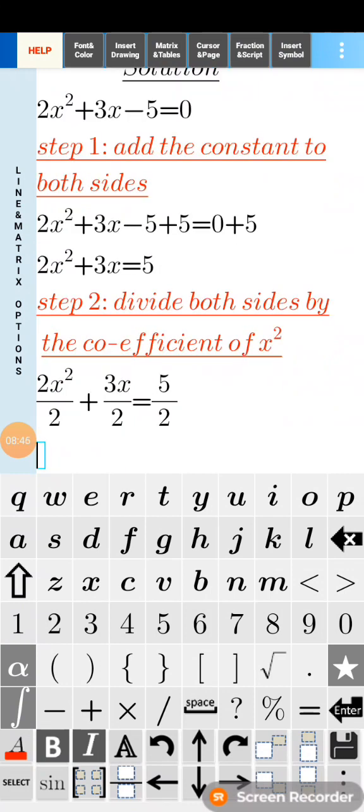Now 2x squared plus 3x over 2 is equal to 5 over 2.